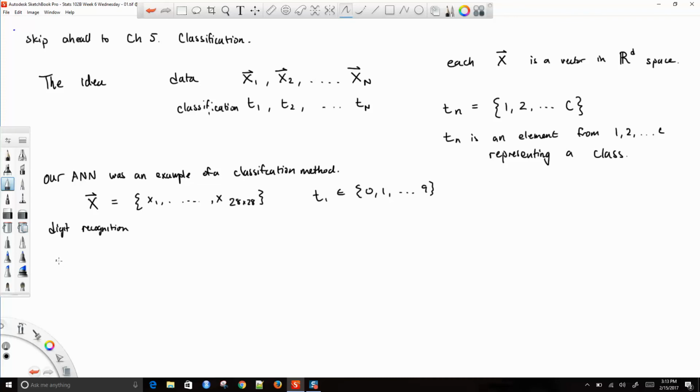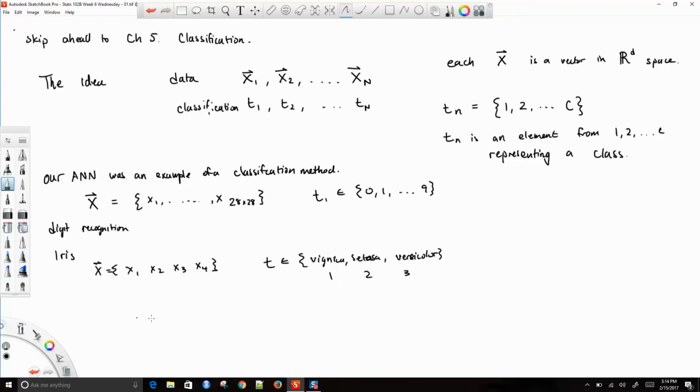Or for the iris data set, x was in 4 dimensions, and t was an element of Virginica, Setosa, and Versicolor, all right? But we would probably just label these 1, 2, and 3.